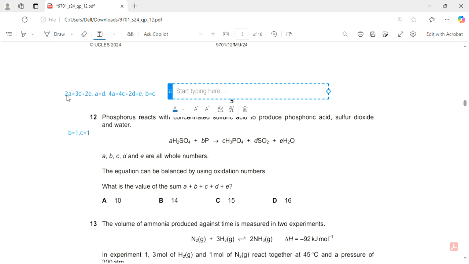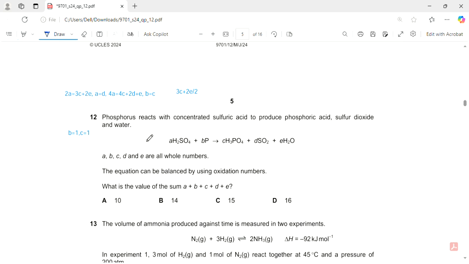So 3C plus 2E divided by 2. And once we solve, we can get 5 upon 2, 5 upon 2 of this.